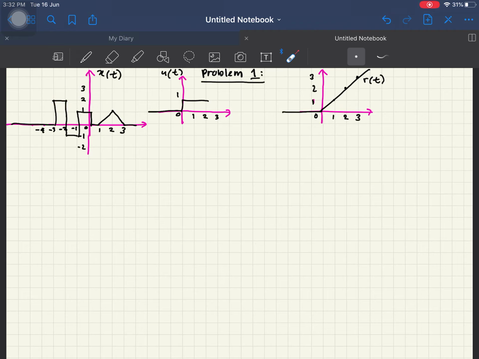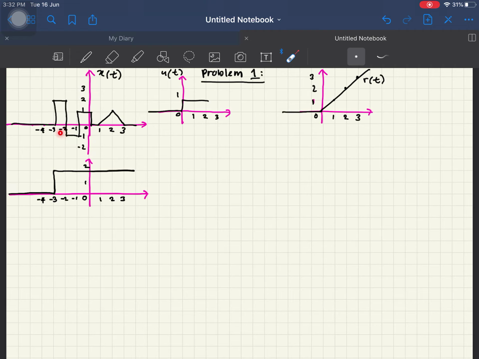So for this part, you will have a signal that looks like this, where you have 0 signal until t goes to -3, and then you have a step from 0 to 2. That covers the first part here.